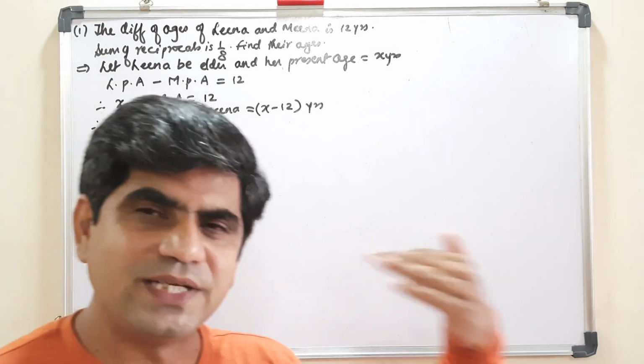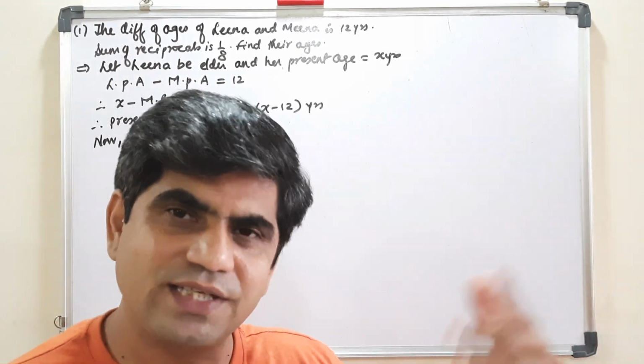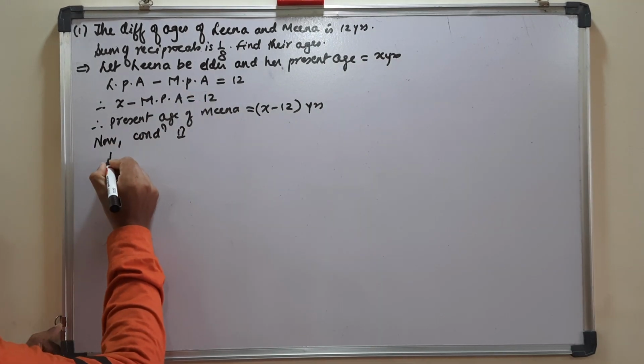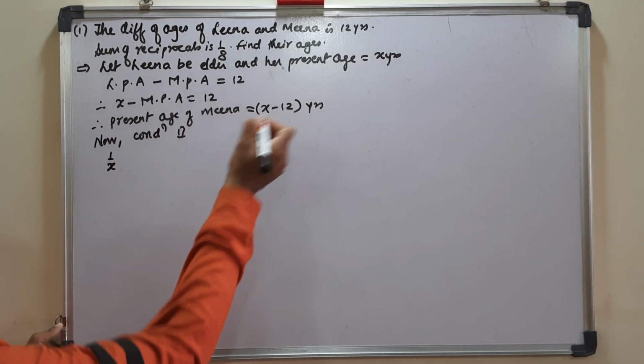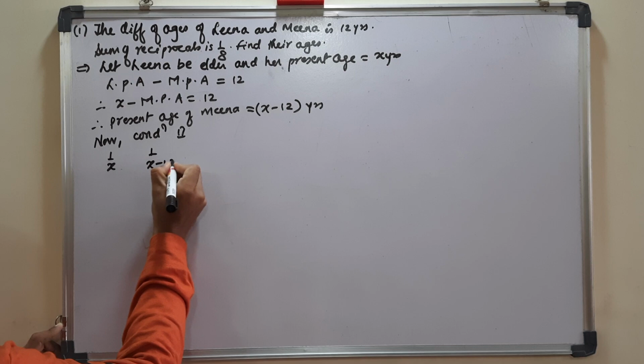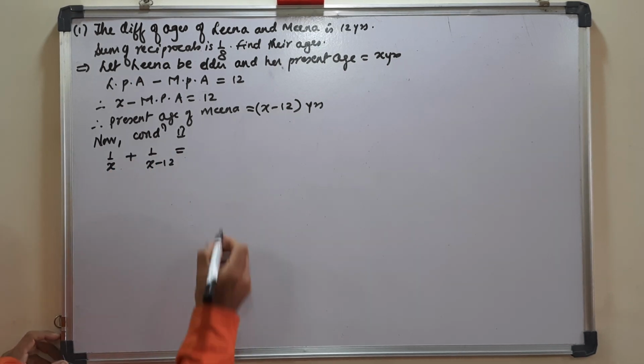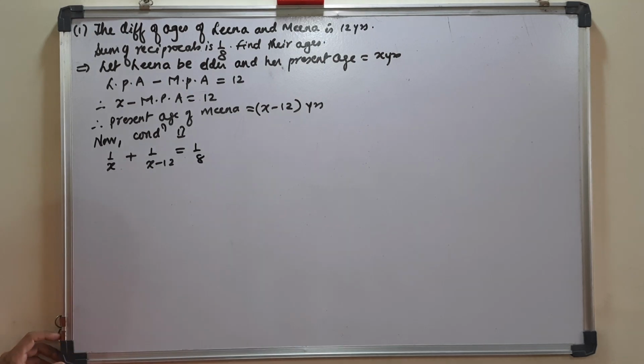Means the sum of the reciprocals of their present ages is 1 by 8. So the reciprocal of x is 1 by x, the reciprocal of x minus 12 is 1 by x minus 12, and the sum means addition is equal to 1 by 8.